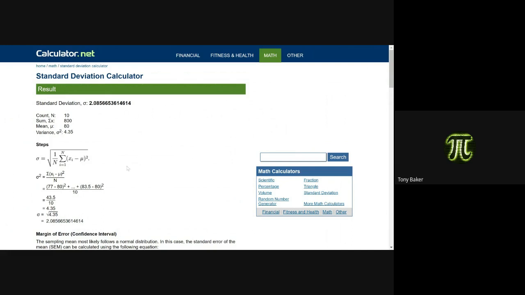All right, so my standard deviation is 2.09 for this one. And 341.